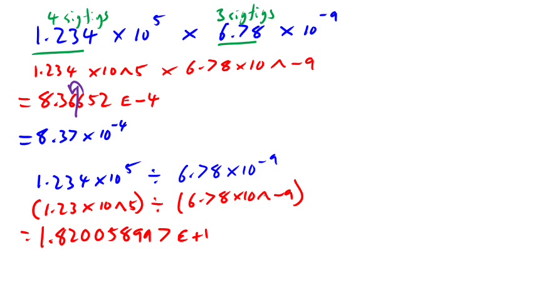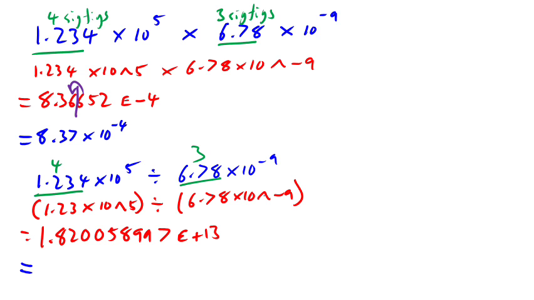And so if you hit the calculator, you'll get 1.820589997 E plus 13. And that kind of makes sense because 5 and 9, that makes 14. So you've got 13 here. So it's probably just a little readjustment there, but that sounds right. Okay, so again, we've got to go to 3 sig figs because that's 4, that's got 3, so we can't be more than that for our answer.